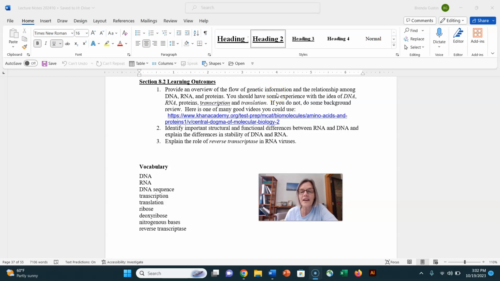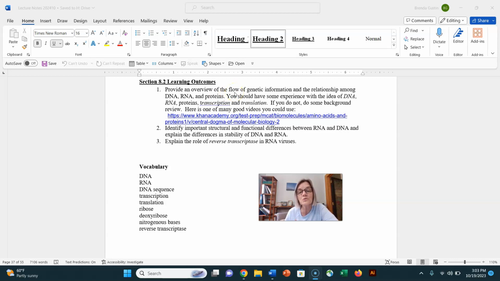You might have heard that called other things. In fact, one of the adaptive learning questions asks about what they call the central theme of molecular biology, talking about DNA being used to make RNA, which is used to make proteins. I've also heard that called the central dogma.